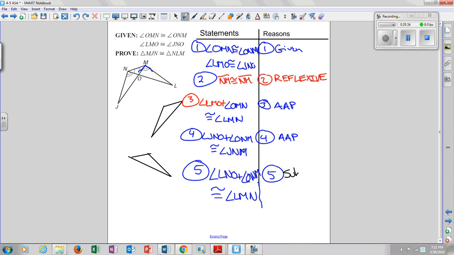And that's going to be substitution. So this should be a JNO here, because we know LMO is congruent to JNO.